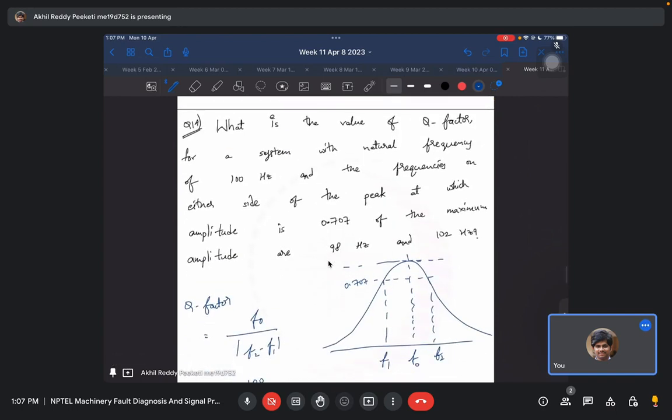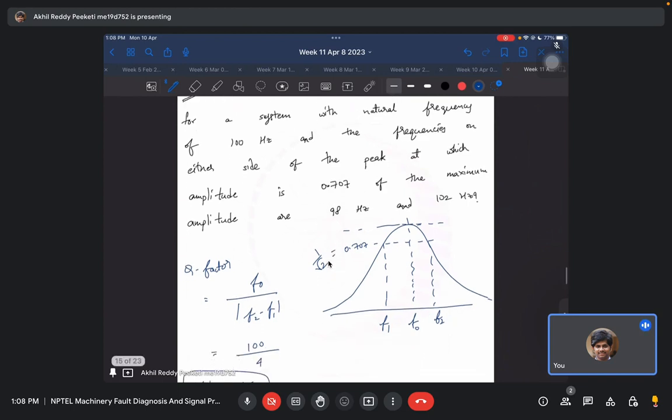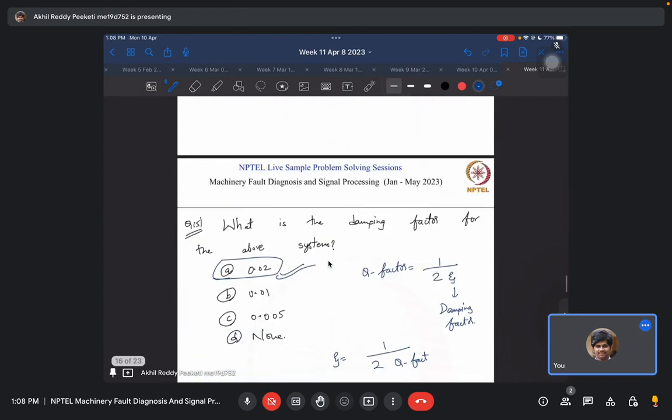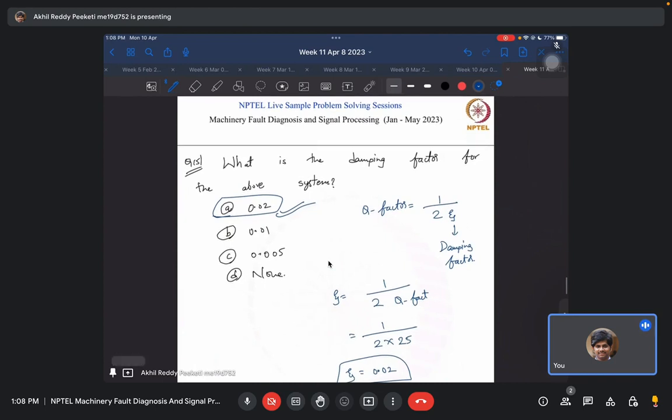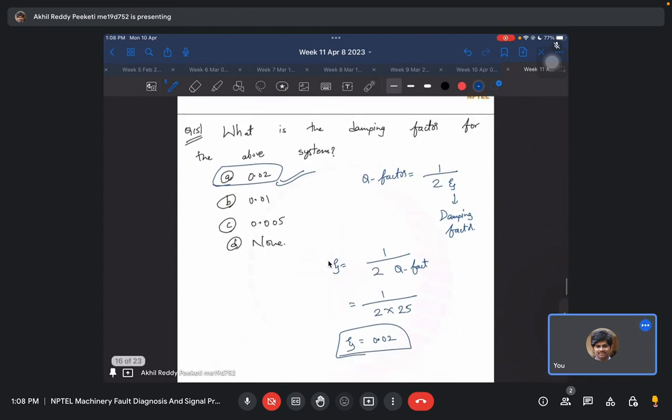And you can estimate the Q factor from the peak frequency and the frequencies at which the amplitude drops to 0.707, which is basically 1 by square root 2 of the amplitude, as f divided by f2 minus f1. The damping factor and the Q factor are also related, so if you know the Q factor, you can estimate the damping factor.